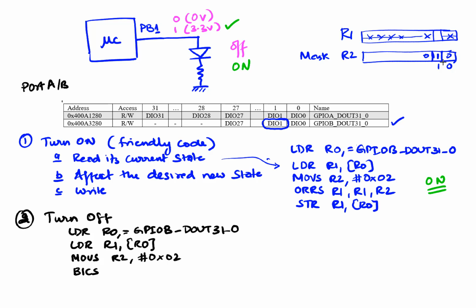The mask that I provide is saying which of the bits of the register will be modified, and the others will be left alone. So I say BICS R1, R1, R2. Sweet. And now that I did that, we're done. We're going to store it back, R1 to R0.